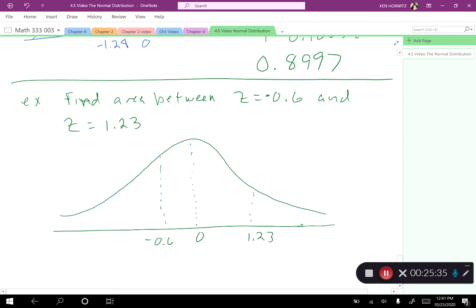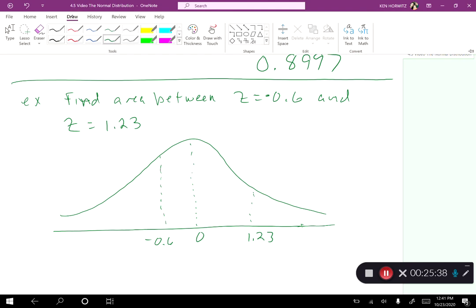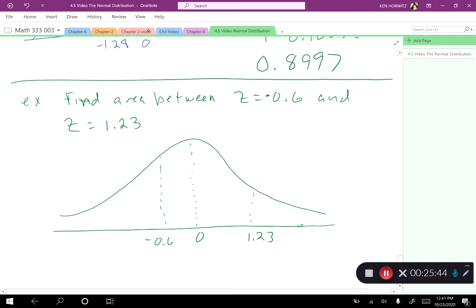All right, so when we look up our area for 1.23, use a highlighter for this because we're going to have a few different things. I'm going to get the yellow highlighted section, yes?